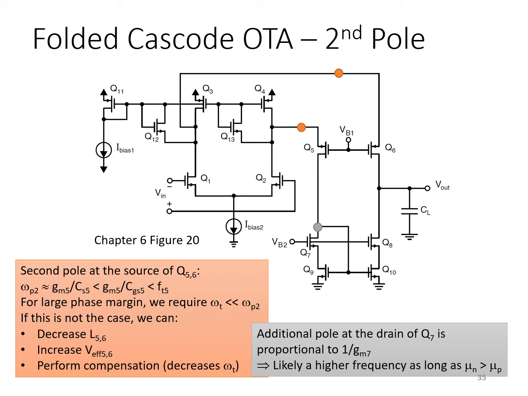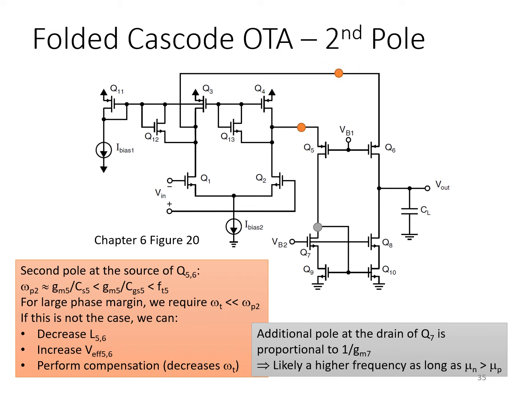So there's a couple of candidates for time constants that may predominantly give rise to the second pole in this amplifier. One candidate is the time constant associated with these nodes here. These nodes look fairly similar, and they both have similarly sized transistors connected to them, Q5, Q4, and Q13 in the case of this node here, and Q6, Q3, and Q12 in the case of this node here.